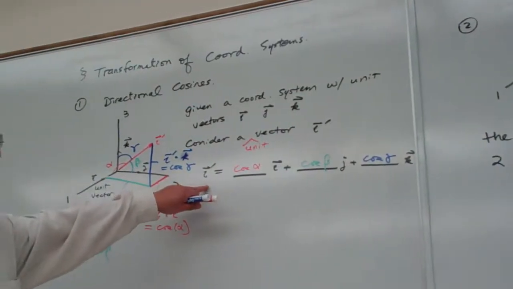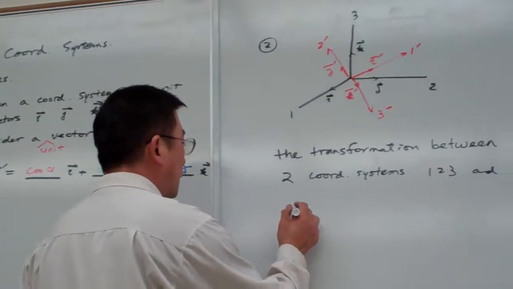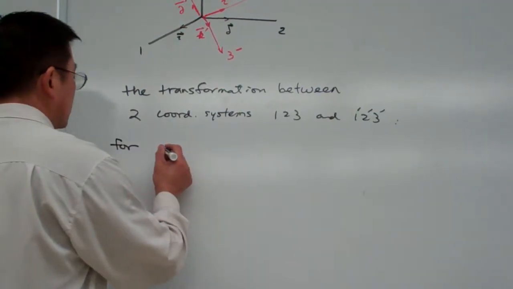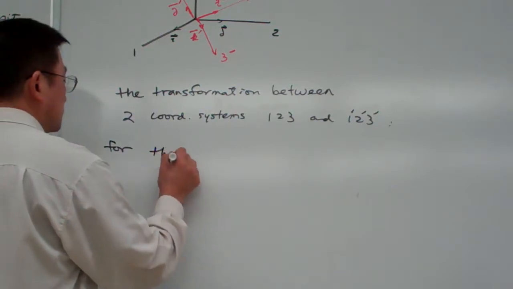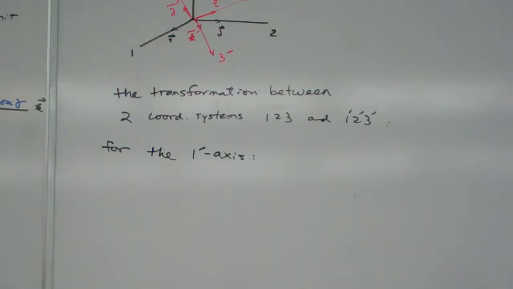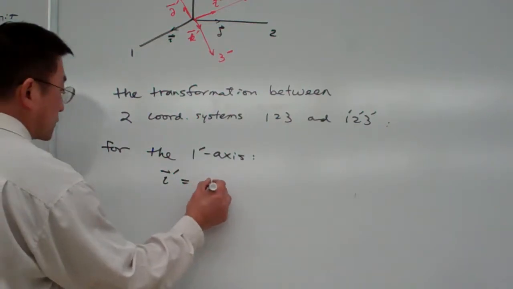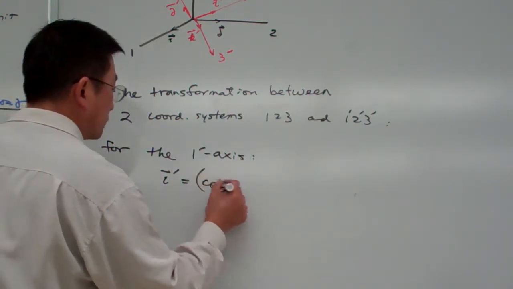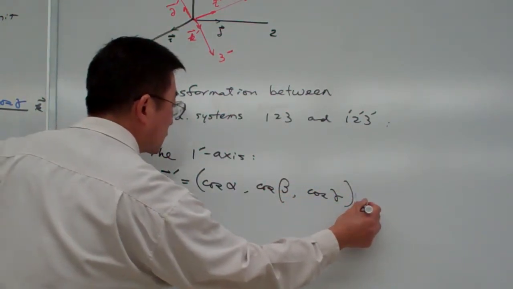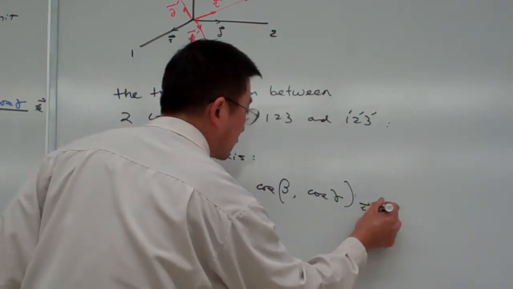Right now we already have this formula. Let me say for the 1 prime axis, we copy this formula. That is cosine alpha, cosine beta, cosine gamma in the ijk coordinate systems.